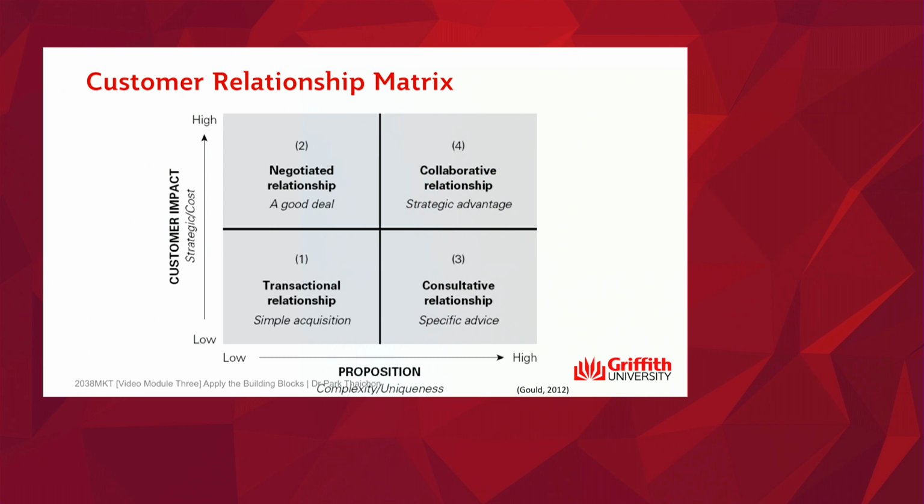So this is where the product is quite complex for the consumer to understand, but it's not critical to the consumer's business. This could be an example like an accountant or a lawyer type of service.